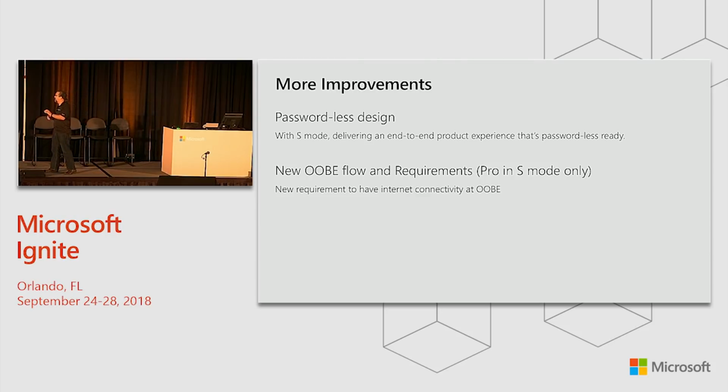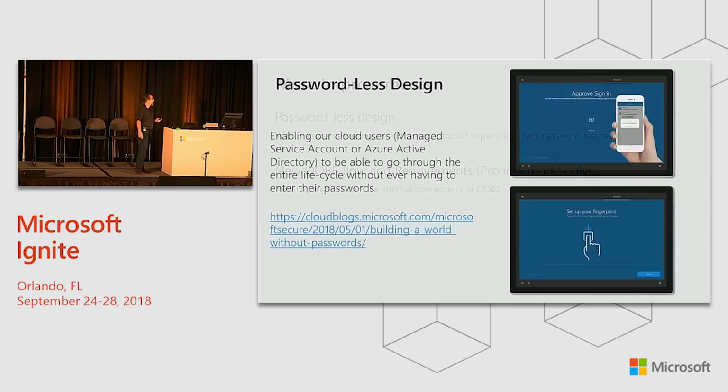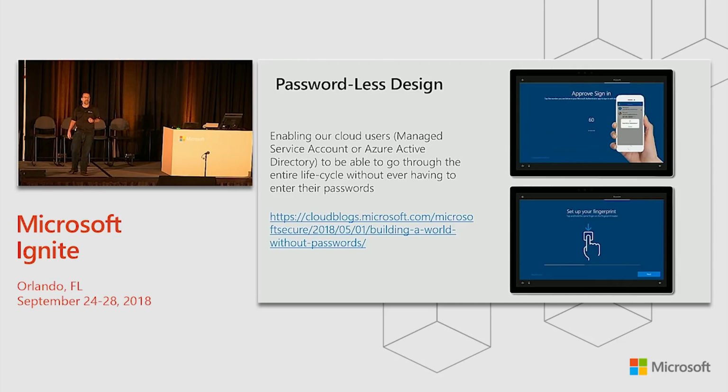More improvements that are now part of Windows 10 S mode include more emphasis on passwordless design. With S mode prior to RS5, Windows Hello was pretty much limited to PIN. We have enhanced that by adding, for these low-cost devices, things such as Trusted Signal and Authenticator as ways to onboard as well as ways to access the device.